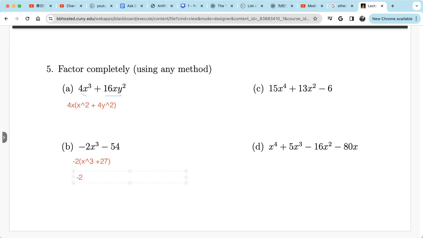So we write -2 times x cubed plus 3 cubed. Then the sum of 2 cubes can be factored as x plus 3 times x squared minus 3 times x, then plus 3 squared, which is 9.